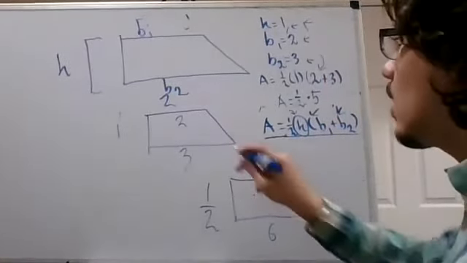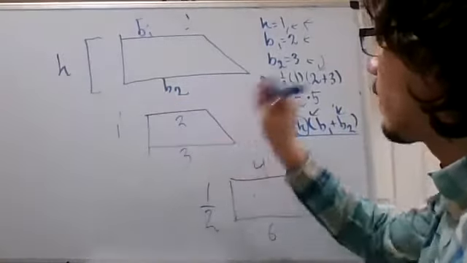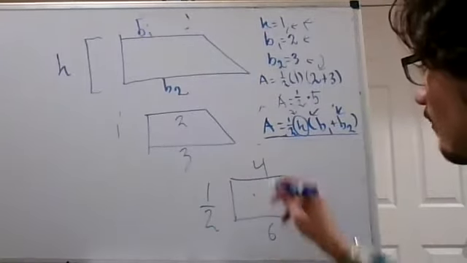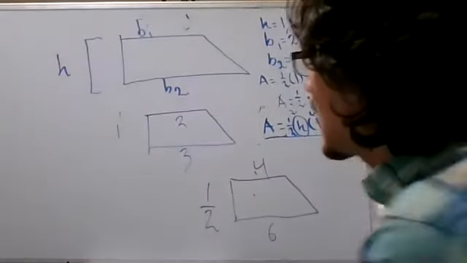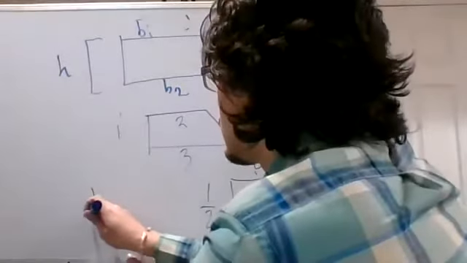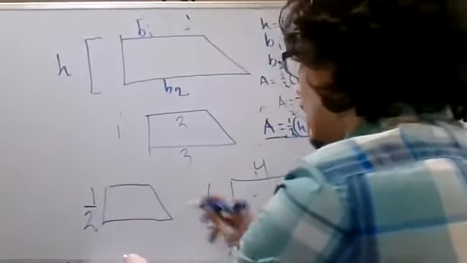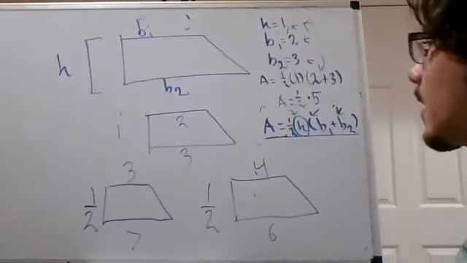So these two would have the same area because of how we did the math. This plus this times this is the same as this plus this times this. And also this also has the same area.